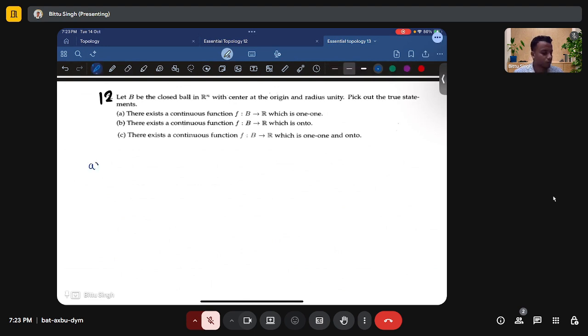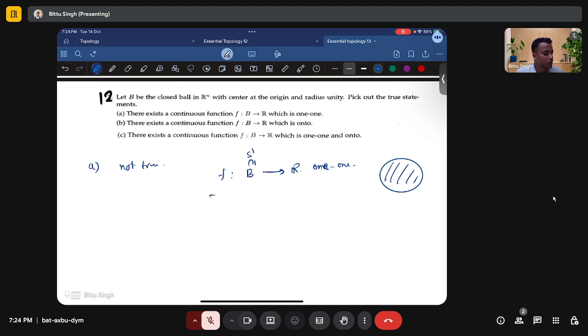We have already proved it not true. Why? Because f is a 1-1 continuous map from this closed B to R. But the circle is a subset of B, right? The circle is the boundary of this closed unit ball.